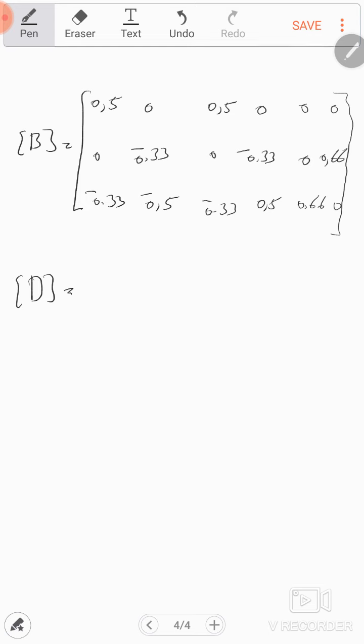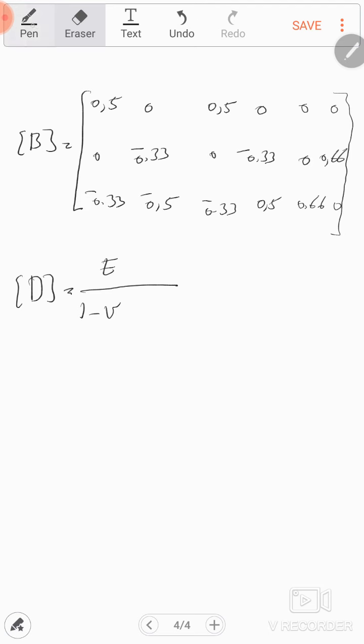The D matrix is E over 1 minus Poisson ratio squared, and some references write the Poisson ratio as small v, or small mu, but it's up to you, depending on which reference you want to follow.